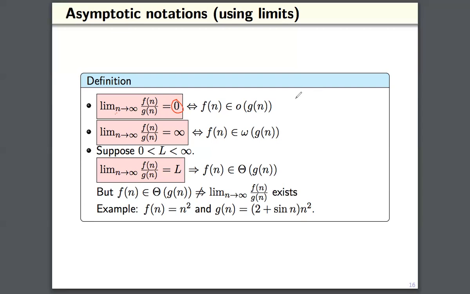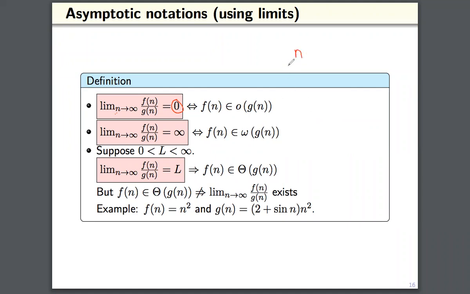So what happens to the problem you mentioned earlier? In my example, f of n is n and g of n is n squared, then when n goes to infinity, the limit is 0. But if you have 2n and 2n, then you get a constant, so this is not satisfied.